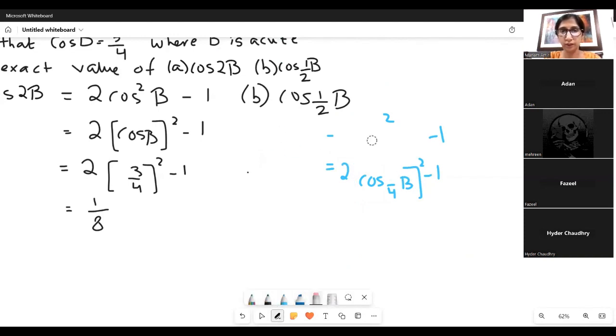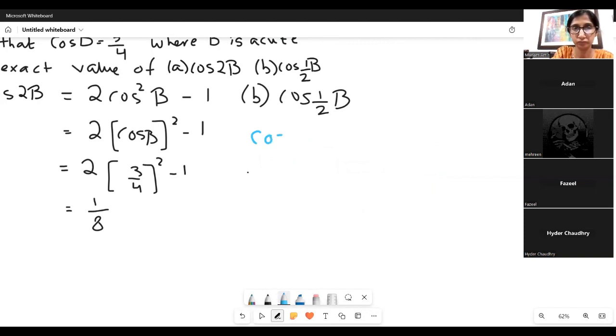Instead, what we'll do is use cos B equals 2 cos square B/2, which is half B, minus 1.